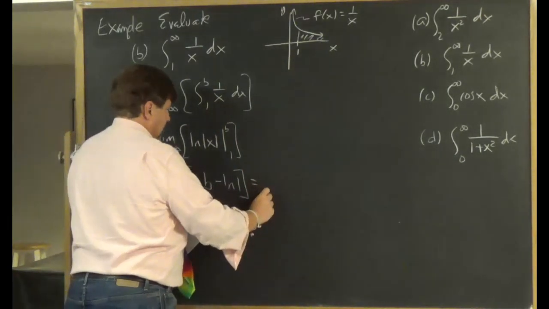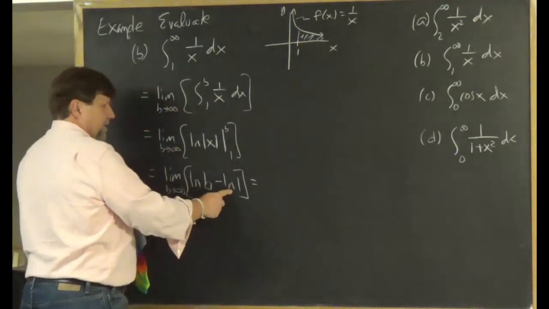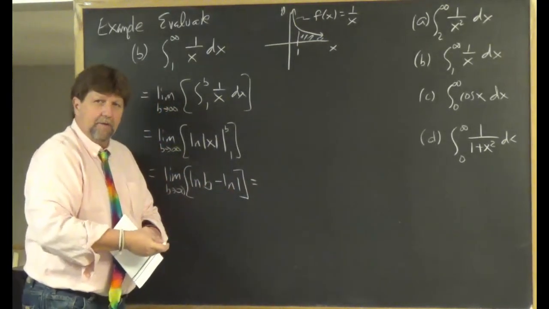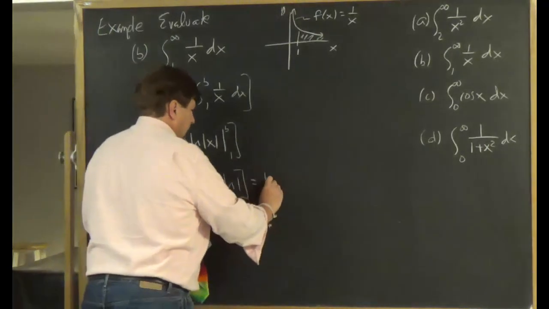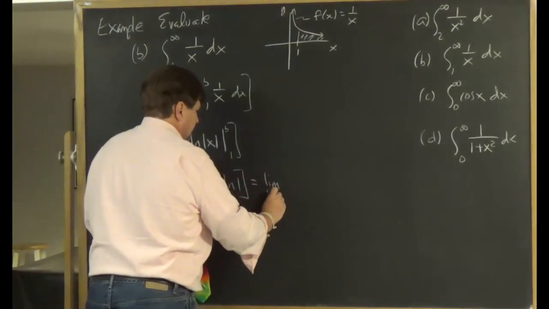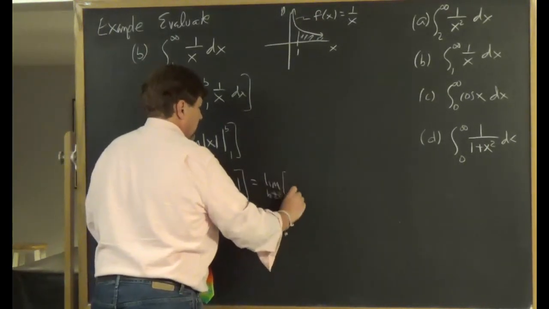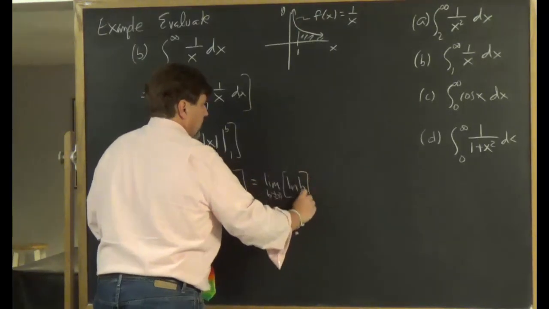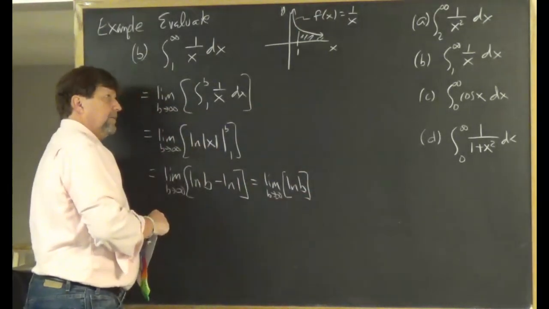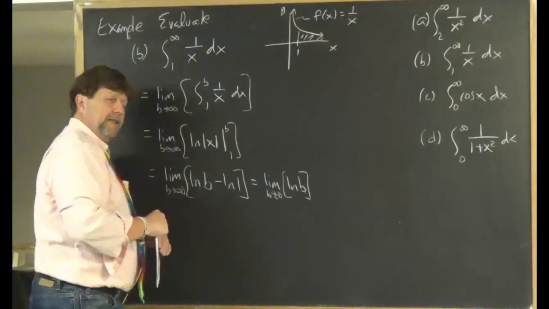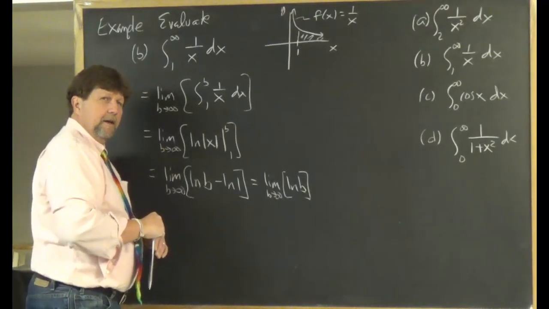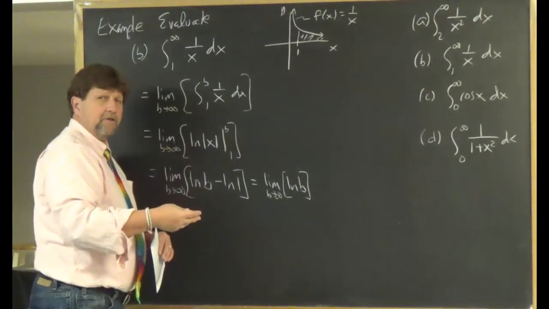Well, the natural log of 1 is 0. So we're just left with evaluating the limit as b goes to infinity of natural log of b. So let's see, natural log. I kind of know the graph of natural log.